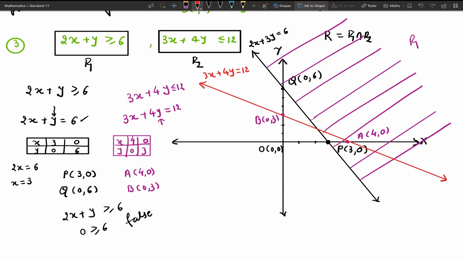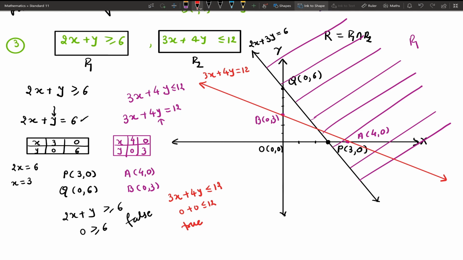Now again let us verify whether the origin satisfies the inequality or not. The inequality is 3x plus 4y less than or equal to 12. Put x equal to 0, y equal to 0: 0 less than or equal to 12, which is true.